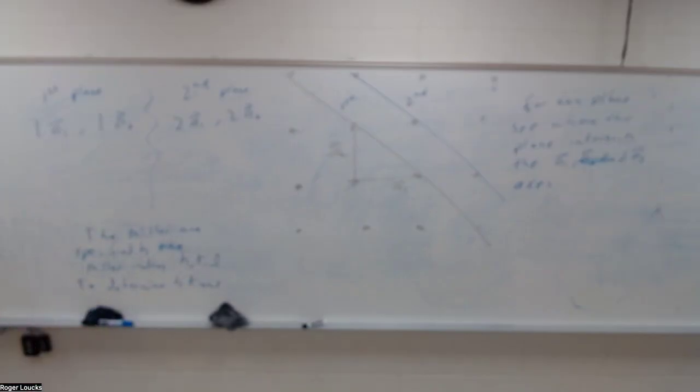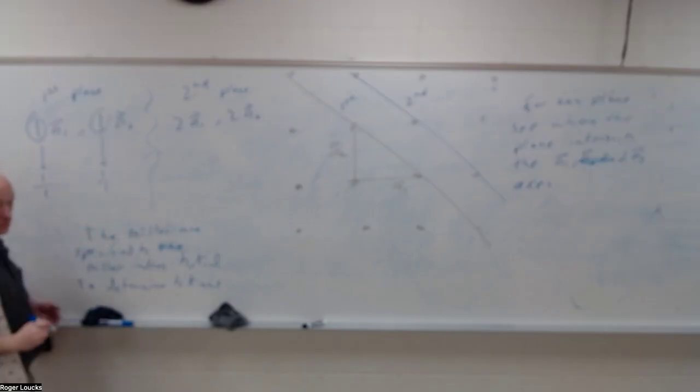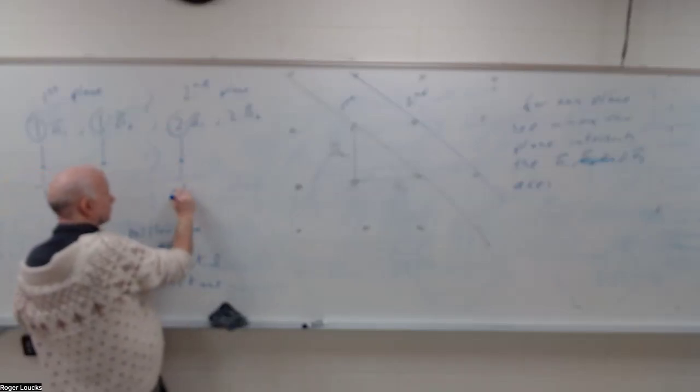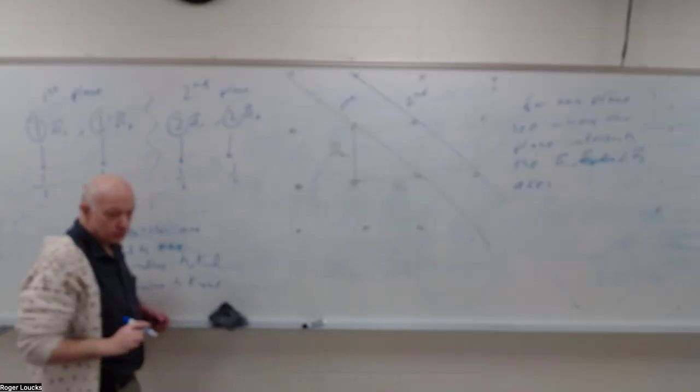Now, what you do is you look at this coefficient and you take the reciprocal of it. So that's just gonna be 1/1. You take this coefficient and take the reciprocal, 1/1. You go over here, you look at this coefficient, you take the reciprocal, 1/2. You go over here, take the reciprocal of this, 1/2.